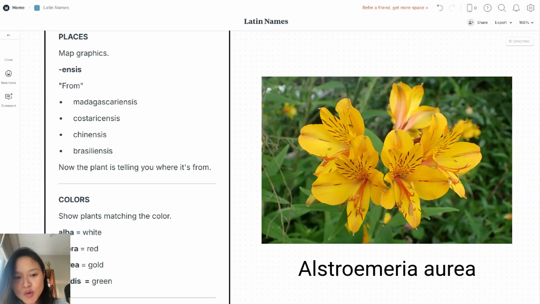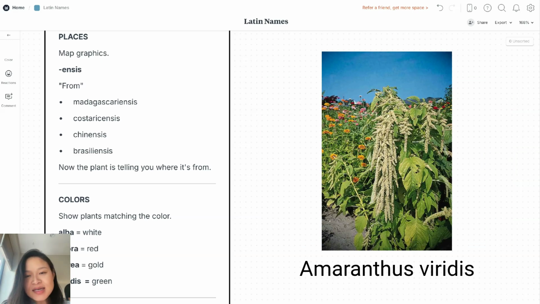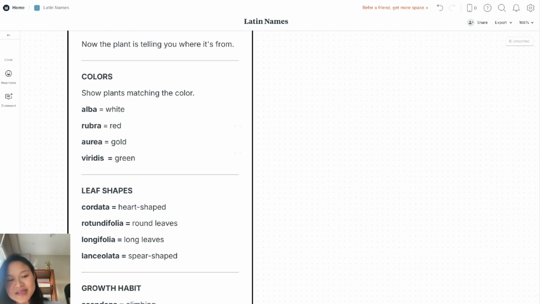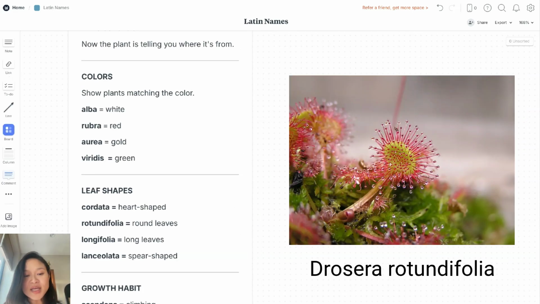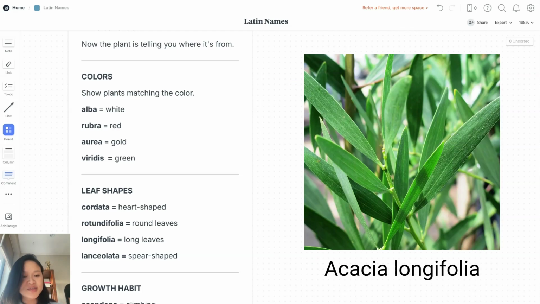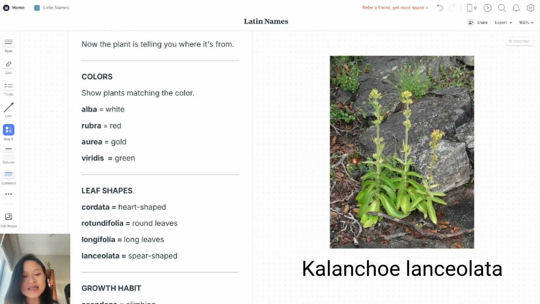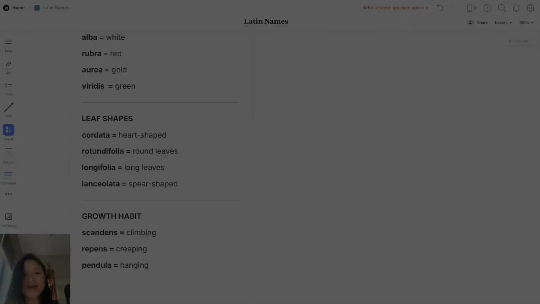Aurea, gold. Viridis, green. Leaf shapes: cordata, heart-shaped. Rotundifolia, round leaves. Longifolia, long leaves. Lanceolata, spear-shaped. How fun.